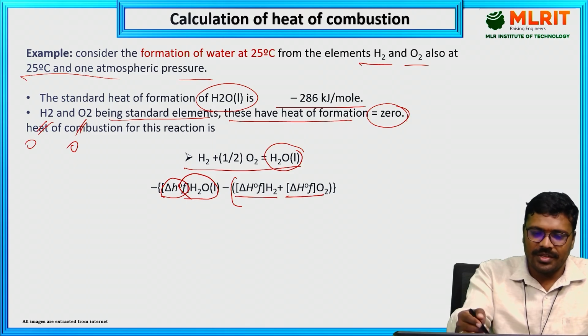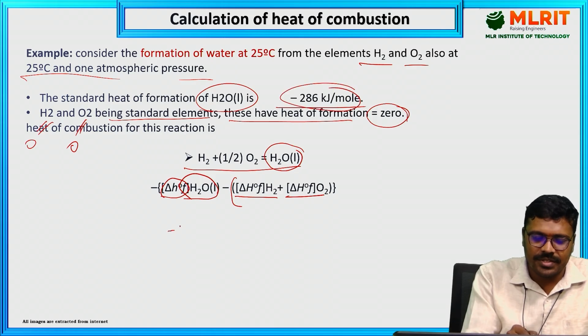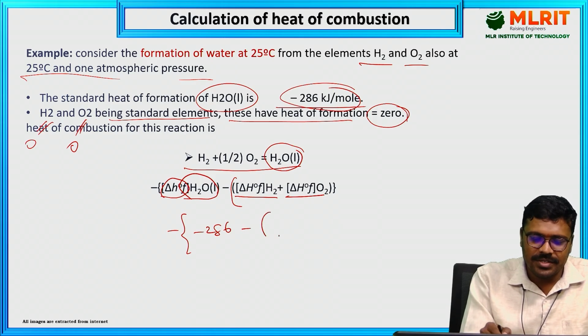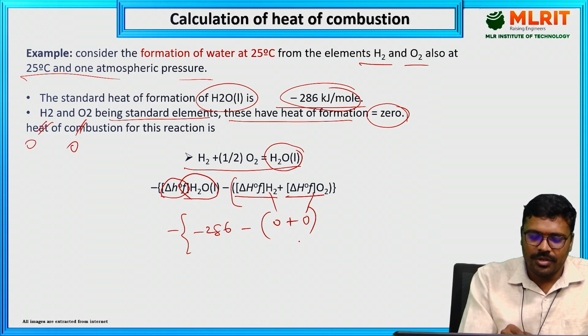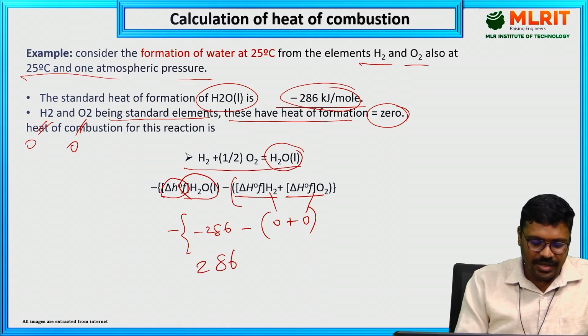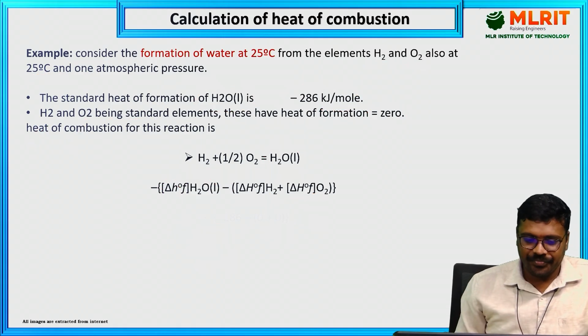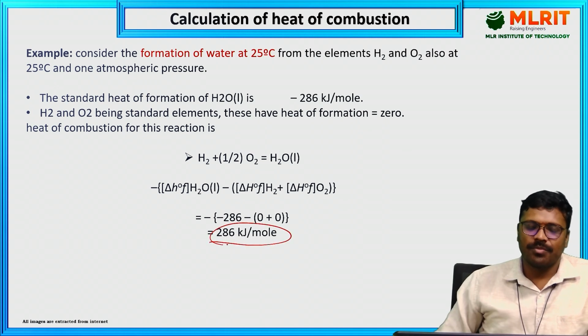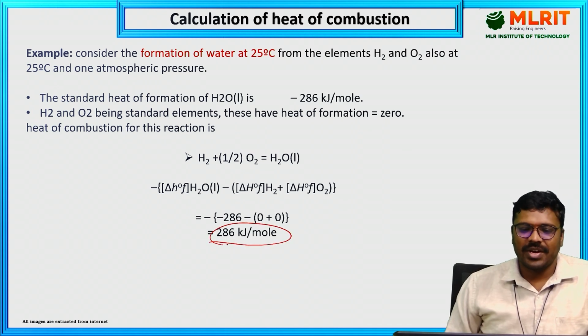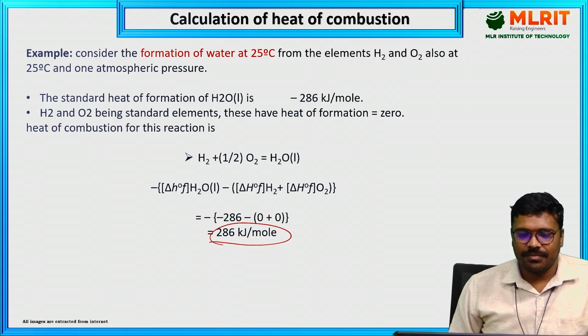That is minus of minus 286, minus the sum of 0 and 0. So 286 is the heat of combustion, finally 286 kilojoules per mole. This is the heat of combustion for water.